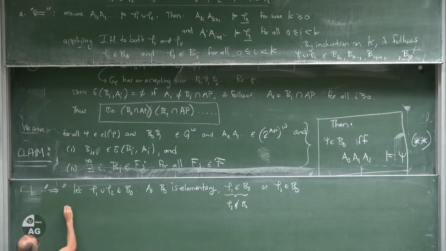Two cases. Let's first take the case that phi 2 belongs to B0.